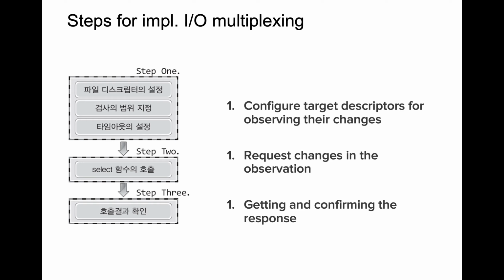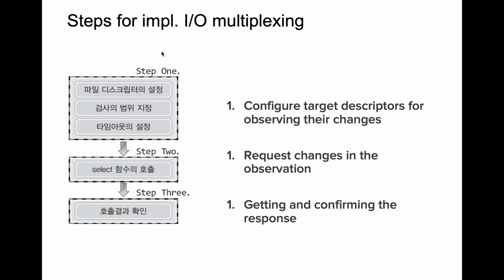And file descriptors can mean the sockets as well, because the socket file descriptors are continued after the keyboard and screen output, console output, 0, 1, and then whatever stream you create, which can be a socket stream, will be continued by 2, 3, 4, 5, 6, right? So we have to specify what target file descriptors we want to observe.